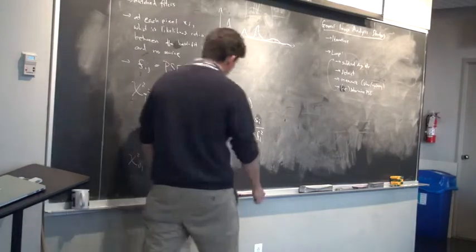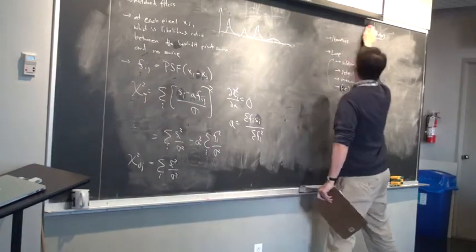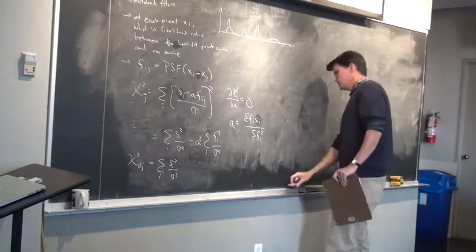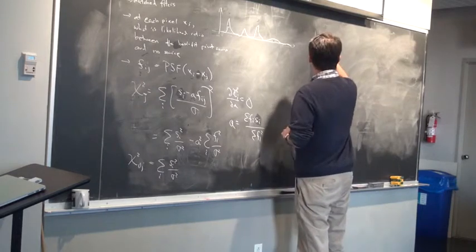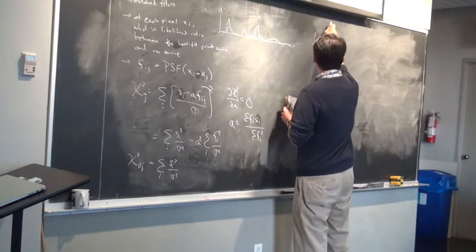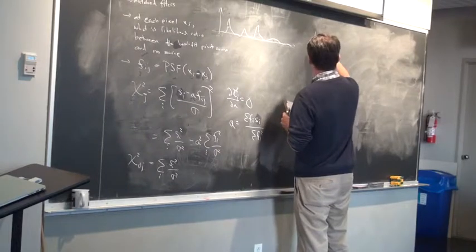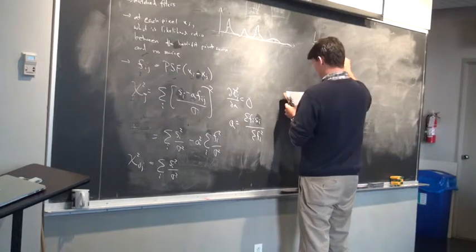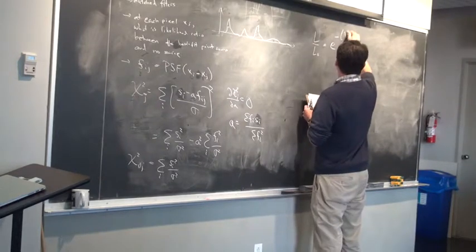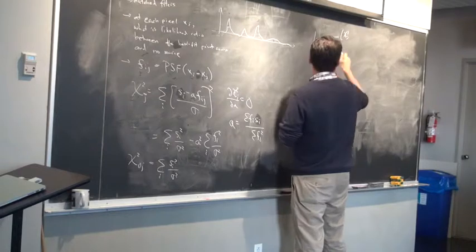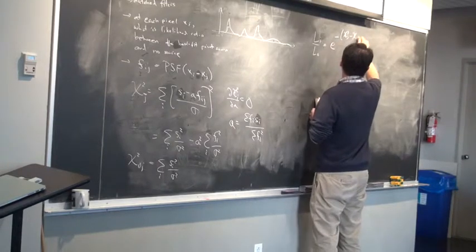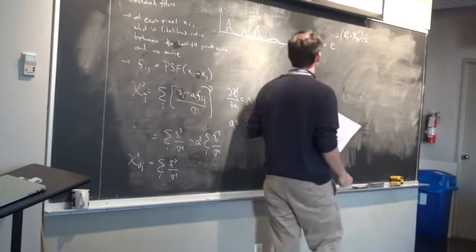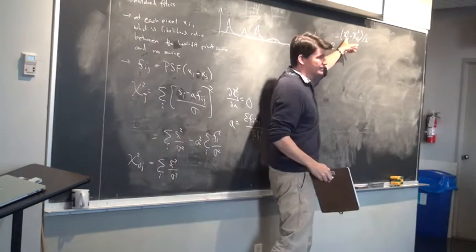And so that means my likelihood ratio, the likelihood of a source existing versus a source not existing, is equal to e to the minus chi-squared j, at j. So my likelihood is just related to the chi-squared in this fashion.